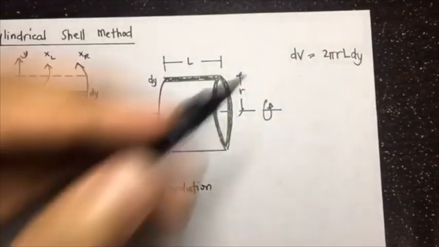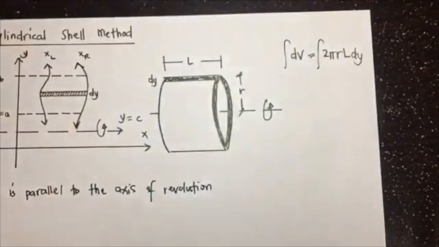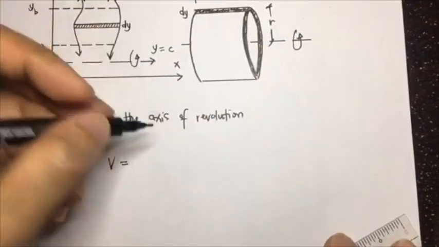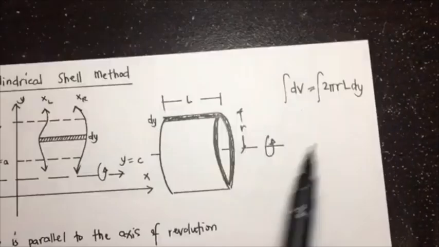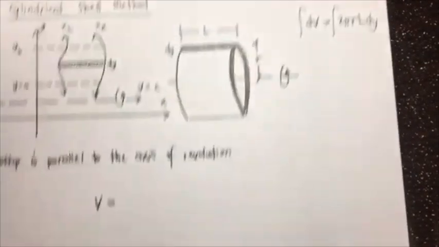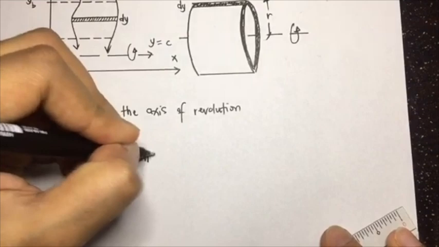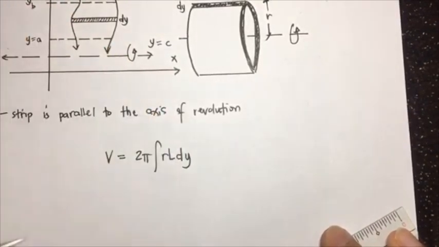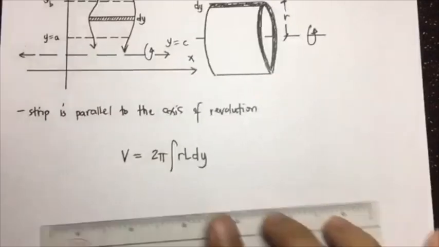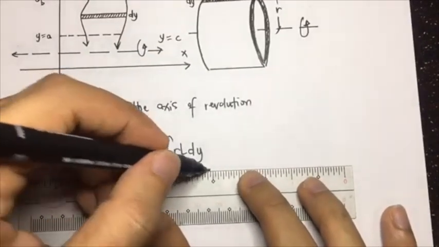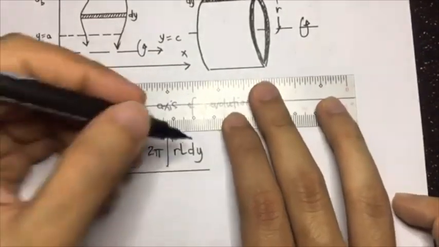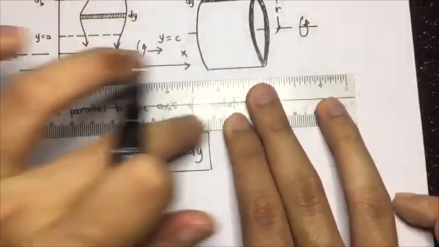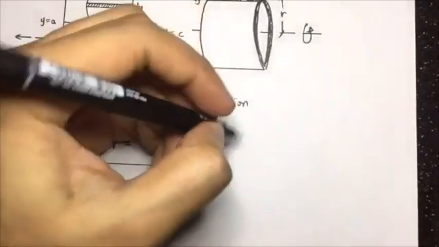If you integrate both sides, the volume is equal to 2 pi, which is constant so we can take it out of the integral sign, 2 pi integral of RL dy. This is the general formula if we have a horizontal strip.